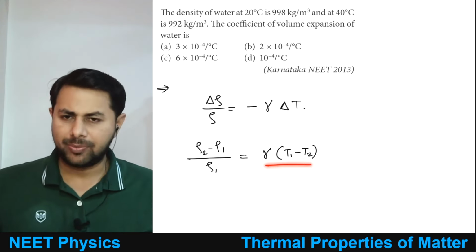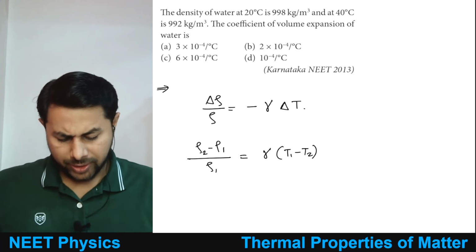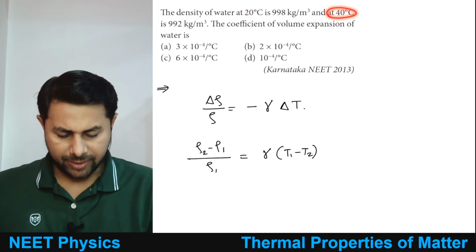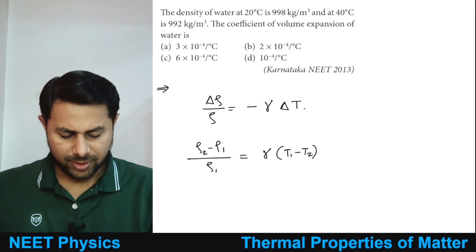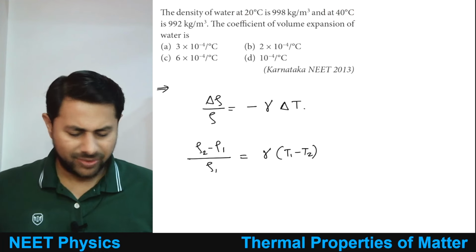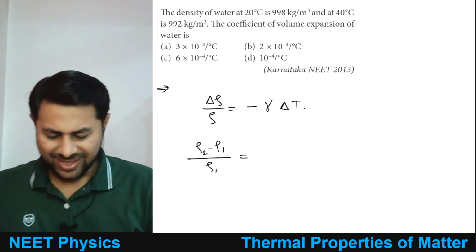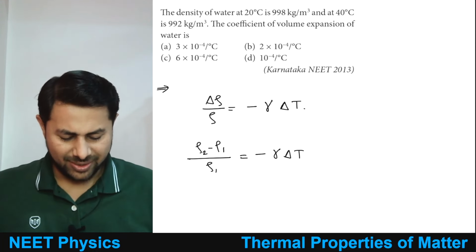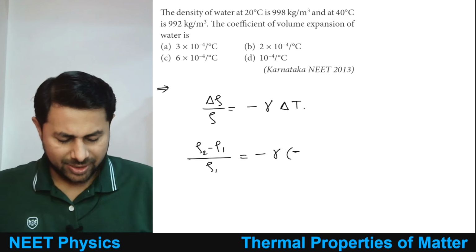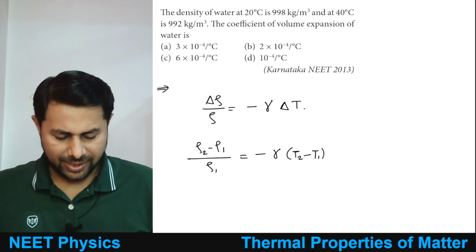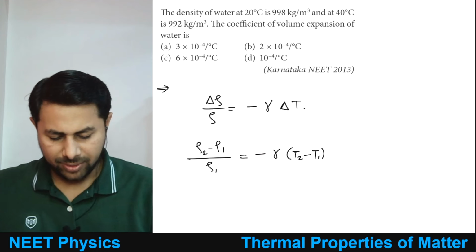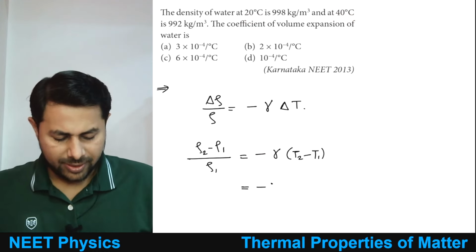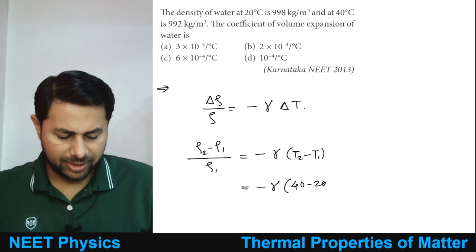So let's put the values. The first temperature is 20 degrees Celsius, the second is 40 degrees Celsius. Actually, let's keep it as minus gamma delta T only, so this is T2 minus T1, and we take the negative sign on the other side. T2 is 40 degrees Celsius, T1 is 20 degrees Celsius. So this is 40 minus 20.